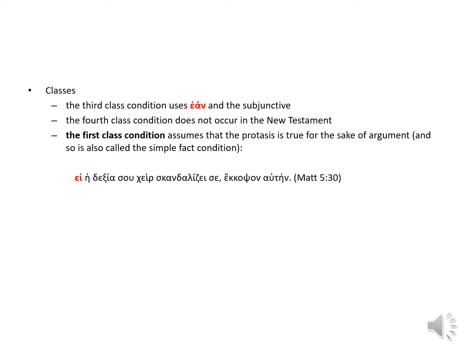So the first class condition is not introduced with ἐάν, but εἰ, and does not use the subjunctive verb, but uses an indicative verb. If your right hand causes you to stumble, cut it off. So what's different in the first class condition is that the protasis, if your right hand causes you to stumble, we're saying we can treat this contingency as a real contingency for the sake of argument. And that becomes the condition for the conclusion, cut it off.